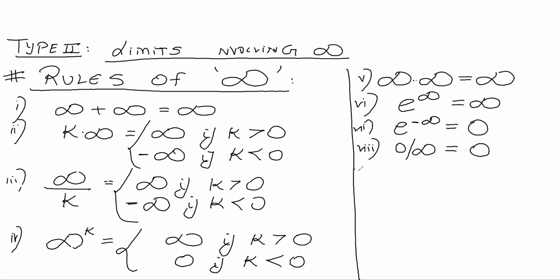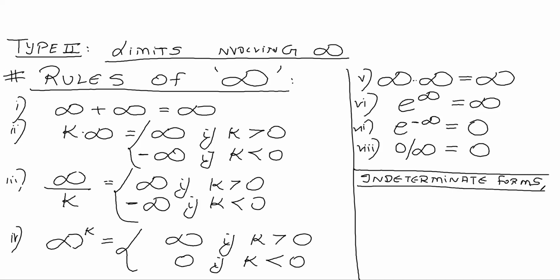And guys, then we write some indeterminate forms. We don't know these values. So write indeterminate forms. Indeterminate forms means we do not know their value. So we don't know the value of infinity minus infinity. You can think that research is still going on these. We don't know the value of 0 to the power 0. We don't know the value of 1 to the power infinity.